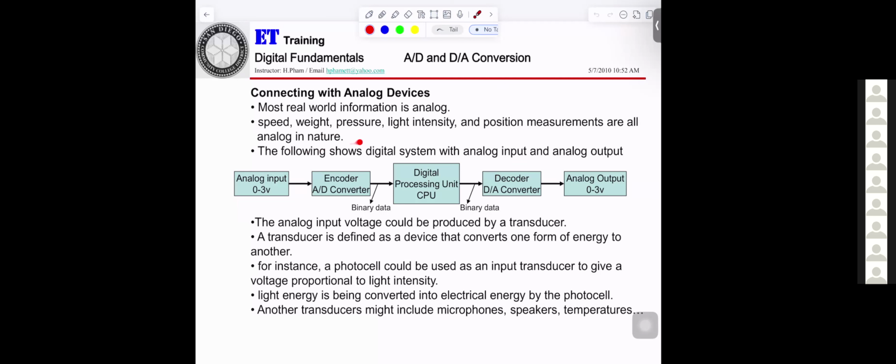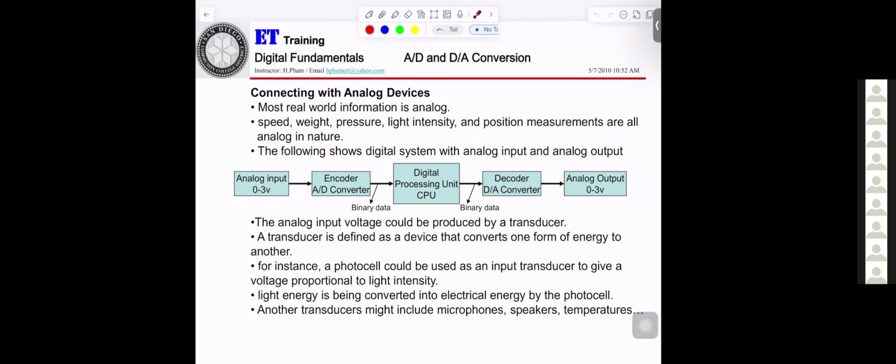The following shows a digital system with analog input and analog output. Analog input, for example, is when you're talking to your phone, the signal will be an analog signal.